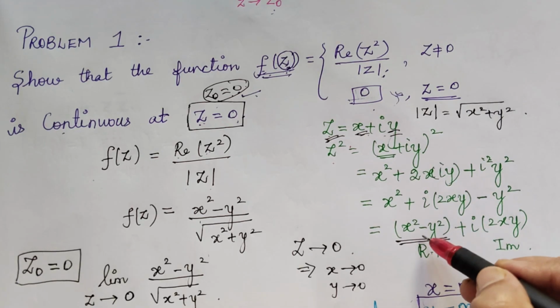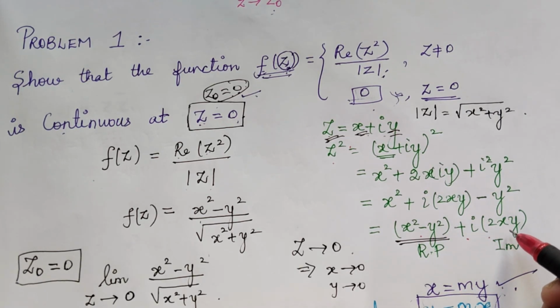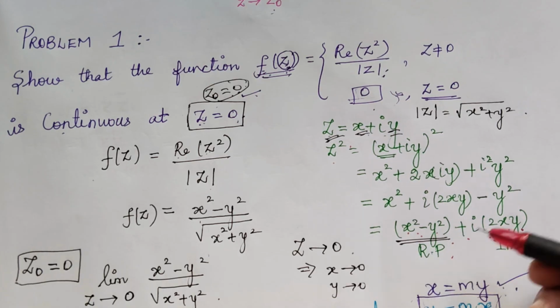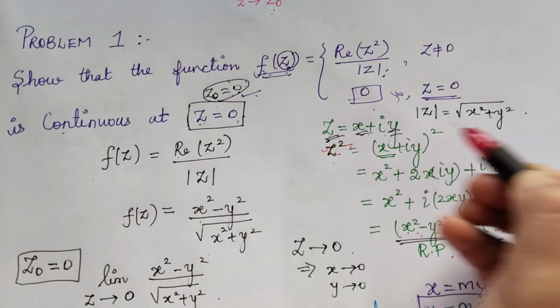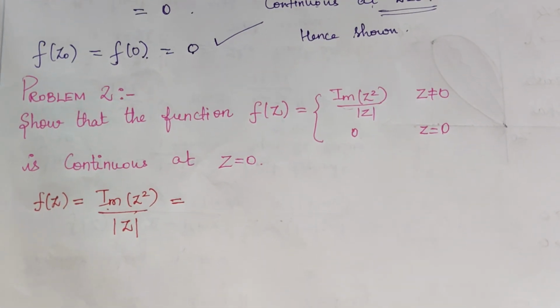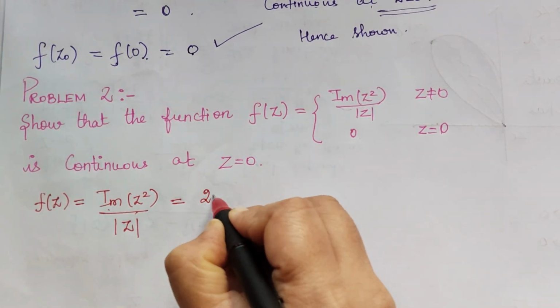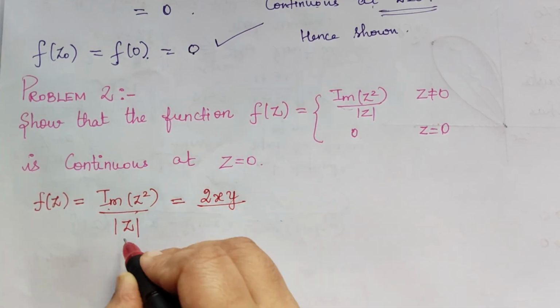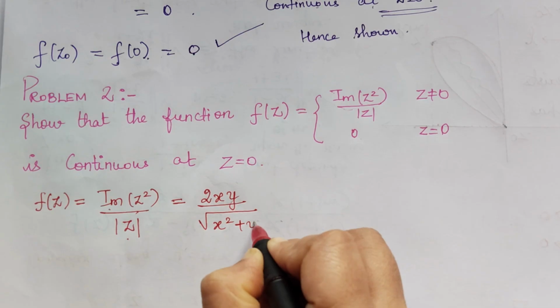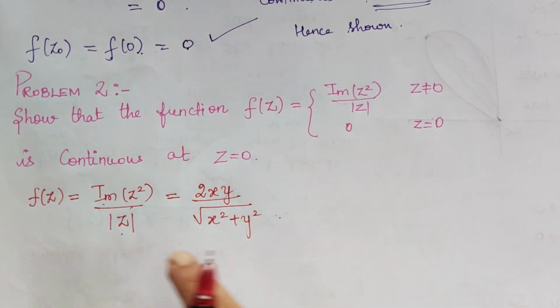It is x squared minus y square plus i multiplied with 2xy, where x square minus y square was the real part and 2xy was the imaginary part. So for z square, the imaginary part is 2xy. The imaginary part of z square is 2xy divided by modulus z, which is square root of x square plus y square. So we have found f of z.